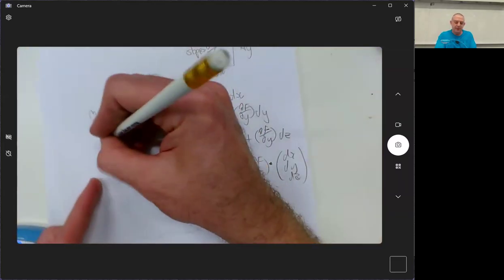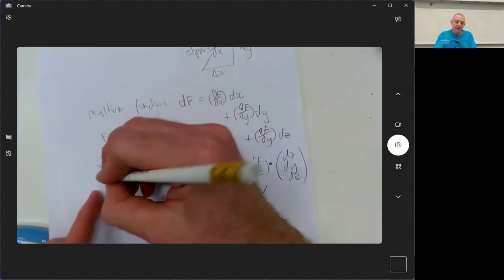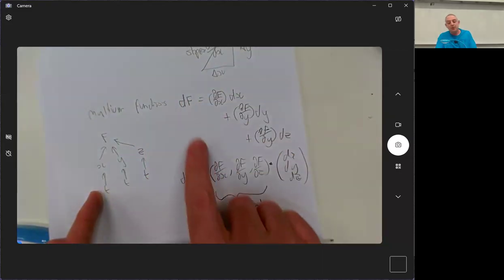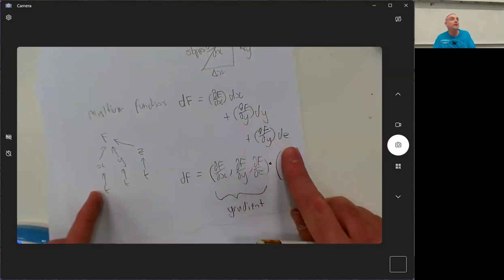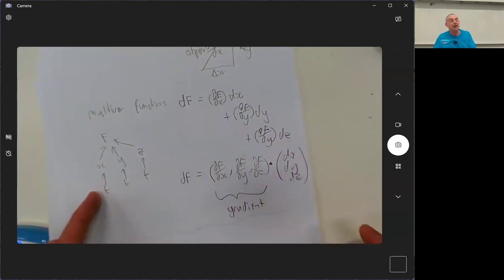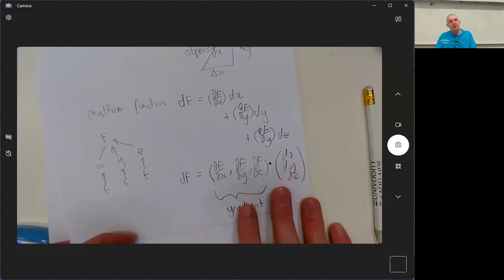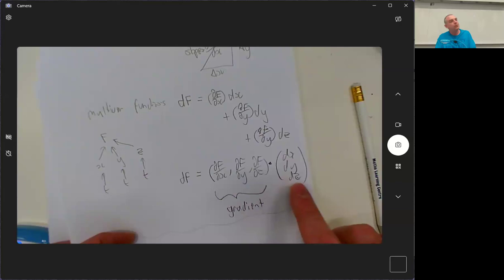Thinking about f being a function of x and y and z, and each of those being caused to change by time. You can go df on dt, and it's this times dx on dt, this times dy on dt, this times dz on dt, which I kind of like. Anyway, that makes me feel happy too, because when I think about the gradient, I'm thinking about moving at a speed, and so there's always a time involved.